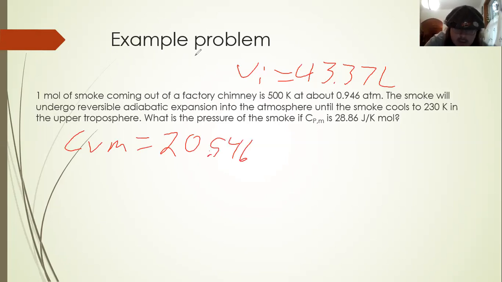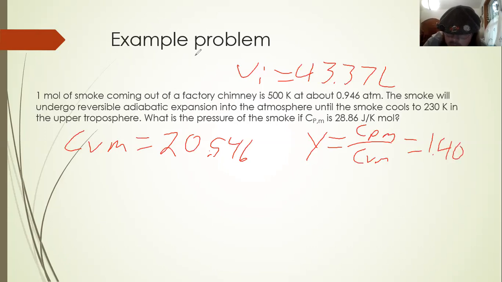And gamma is equal to C sub P,m over C sub V,m. So 28.86 divided by 20.546 is equal to, oopsies, 1.40, let's say 1.405. Probably good enough.